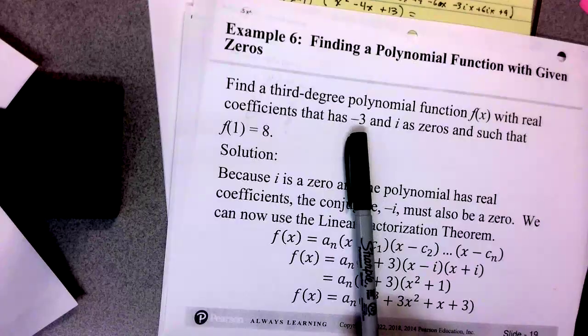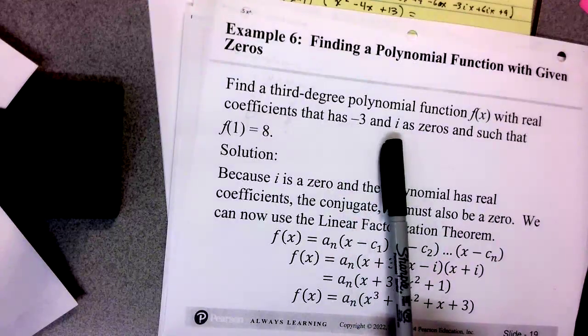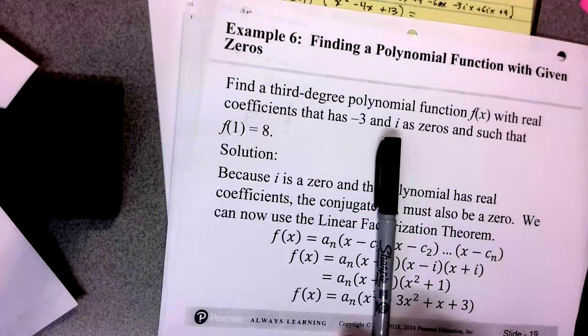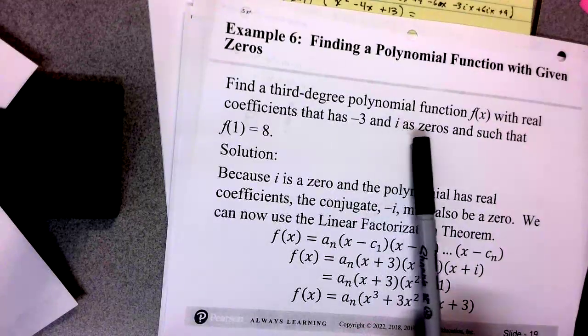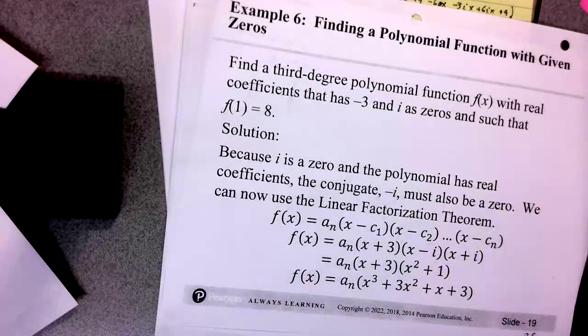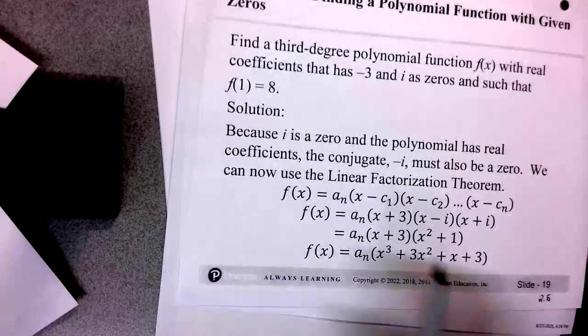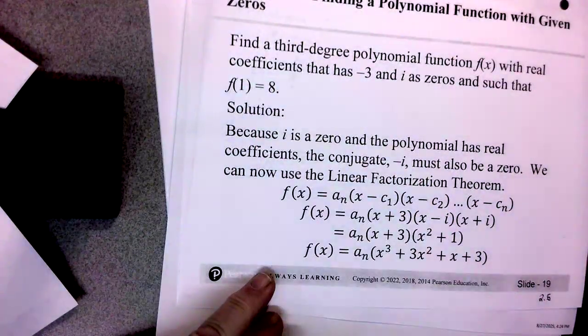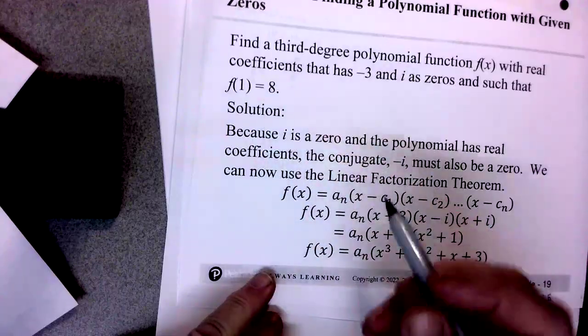One of them is minus 3, and we have i as a 0. So you'll have conjugate pairs: if i is a 0, minus i is going to be a 0. And they told me that when I evaluate the function for 1, the answer is 8.